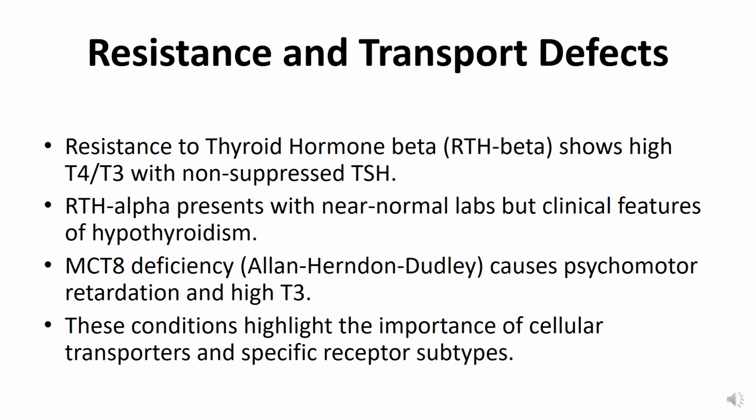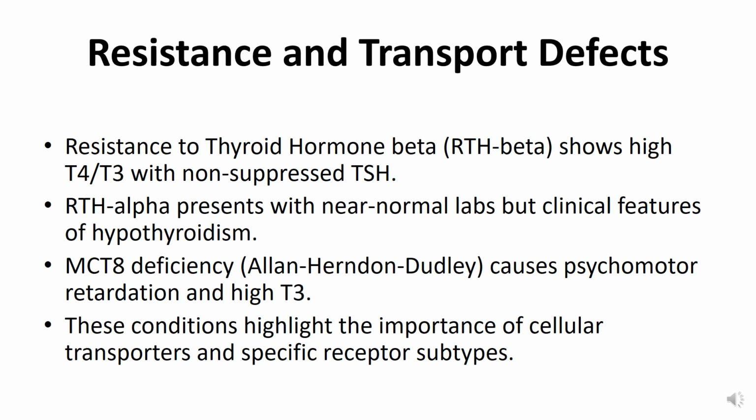Despite relatively normal labs, patients often show clinical signs of hypothyroidism. They may develop constipation, delayed growth, fatigue, bradycardia, developmental delay, or cold intolerance because tissues relying heavily on alpha receptors cannot respond adequately to thyroid hormone.